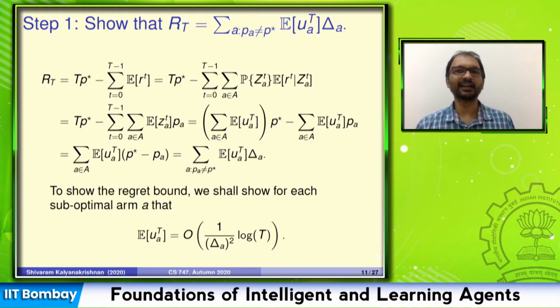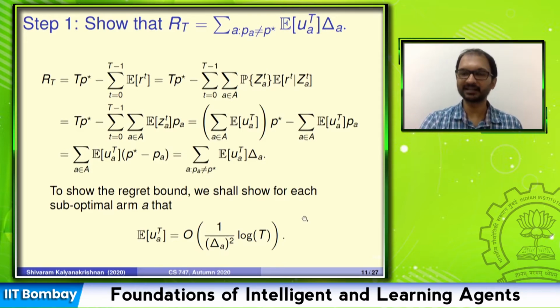So, having established this small result, take a minute to convince yourself that it will suffice for now to show that each arm A, in expectation, is pulled order of 1 over capital Delta_A squared log T times. Why is that? We have just shown that the regret is the sum over suboptimal arms of this multiplied by Delta_A.